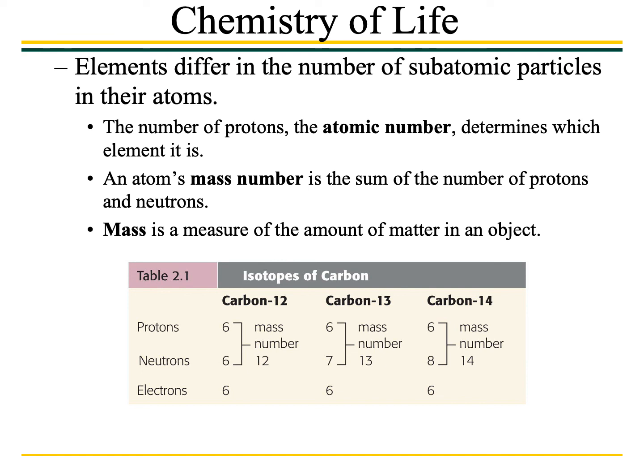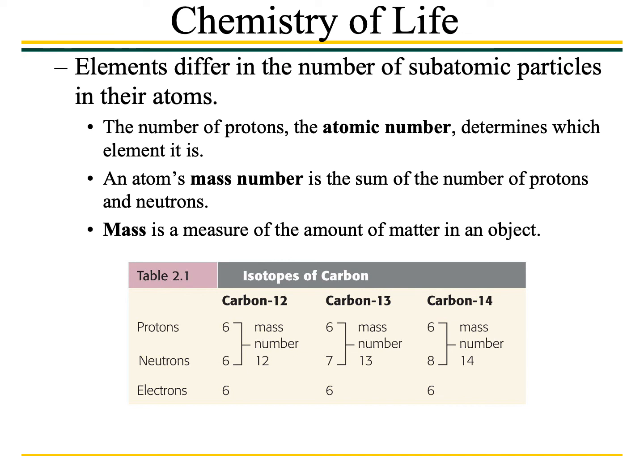So for carbon-13, the mass number is 13, and for carbon-14, the mass number is 14. And again, as a rule of thumb, in most cases, the number of protons is going to be equivalent to the number of electrons. And you can see that that hasn't changed here with carbon. But we will see some exceptions to that a few slides down the road.